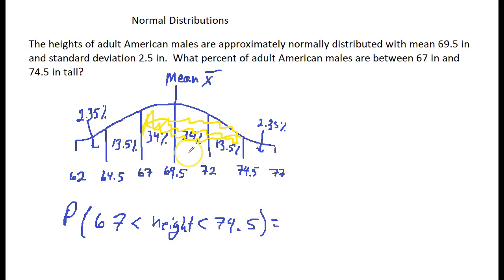We add 34 plus 34 plus 13.5. Now it's a percent, so 0.34 plus 0.34, and then plus 13.5%, move the decimal left 2 places, 0.135. Add these up and we get 0.815.